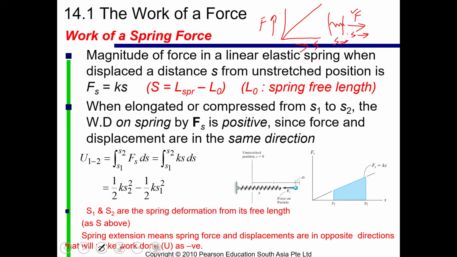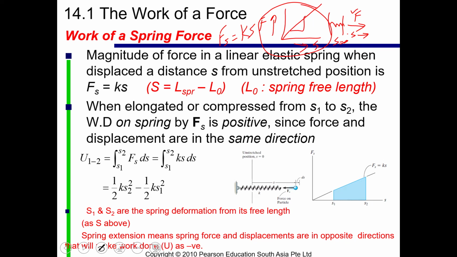So by increasing the force, the displacement of the spring, or the stretch in the spring, will also increase. The relationship is mostly linear, which is represented by, if I call it force in the spring, Fs is equal to k times s. K here is the slope of this curve, right?